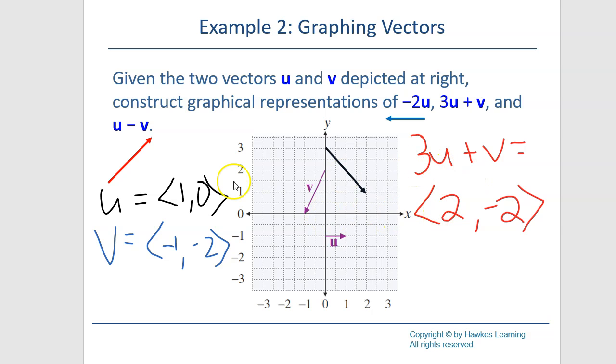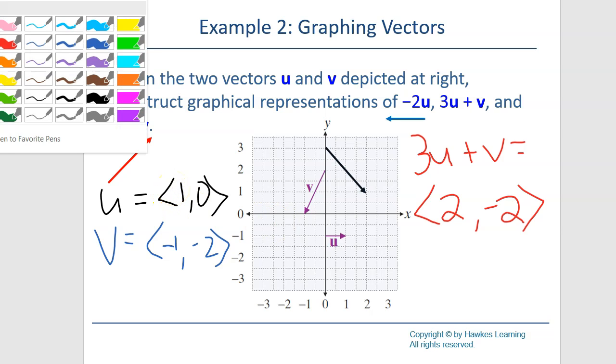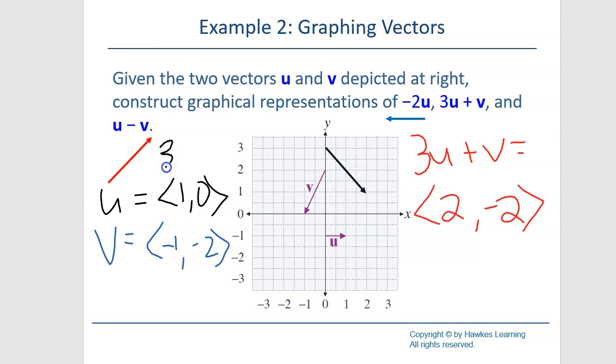But if you look, 3u, well, here's u. What is 3u? We just saw that negative 2u was negative 2, 0. Well, what do you think 3u is going to be? It's going to be 3, 0. And then if I add v to 3, 0, that's 3u.